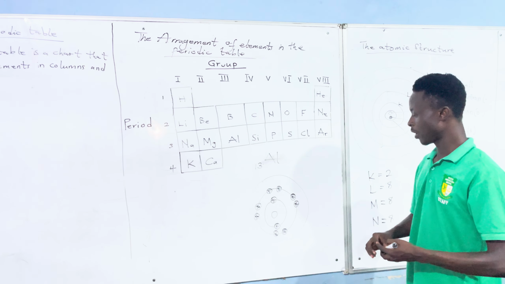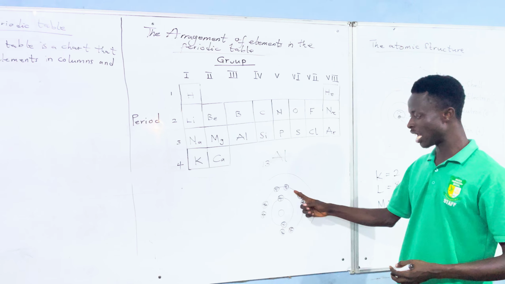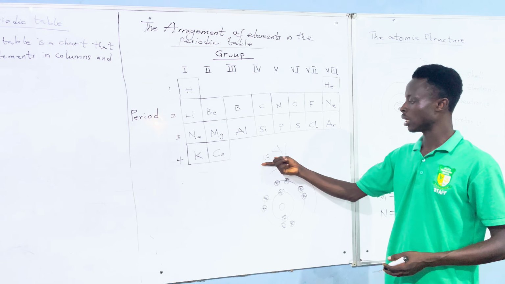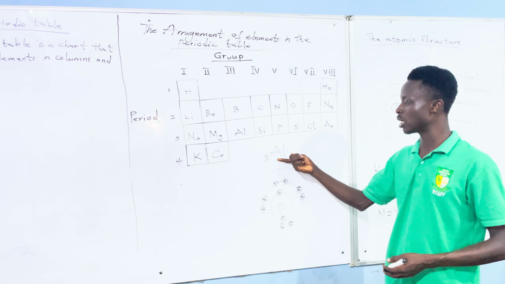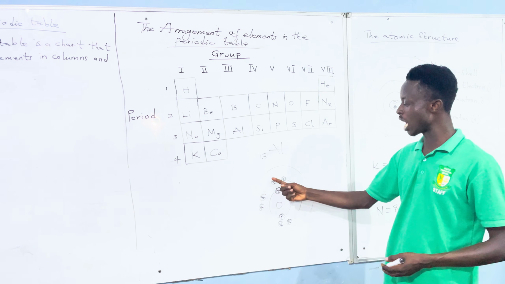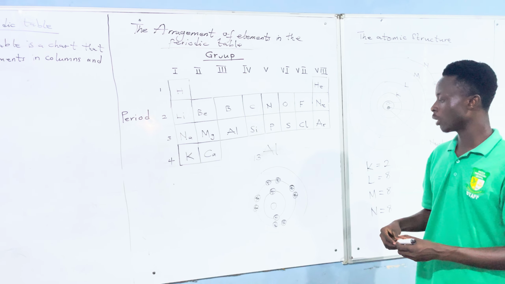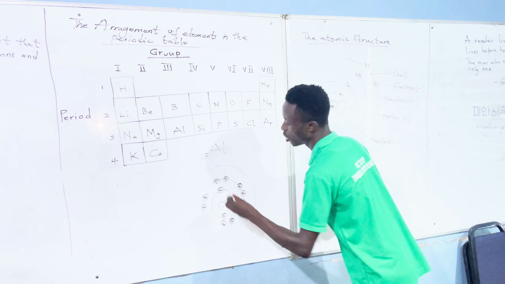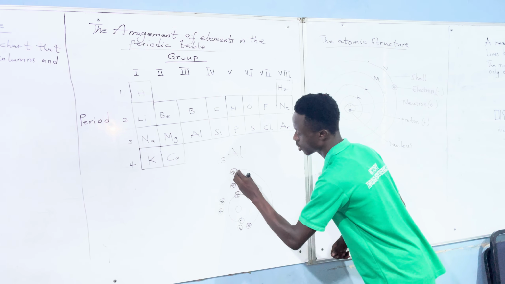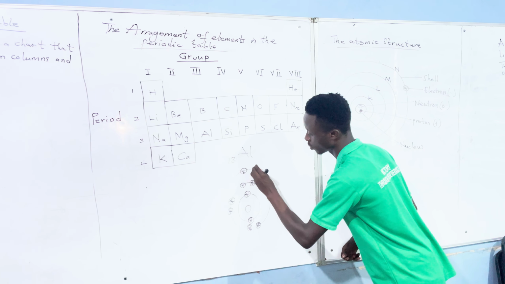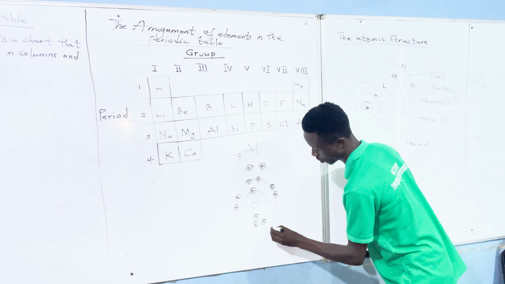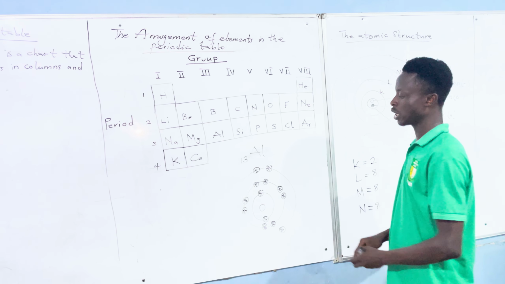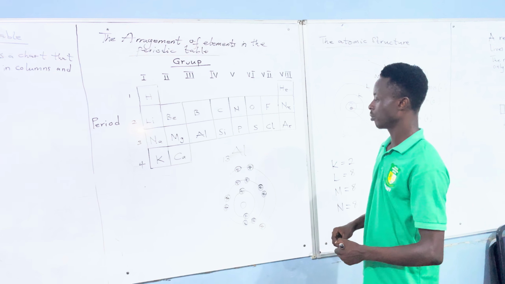So we have how many electrons here? That's 10 electrons. Now we are left with how many electrons? That's 3, because the atomic number of aluminium is what? 13. Since we have 10 here, it will be left with 3. So we put 3 electrons at the M shell. So that is the electronic configuration of aluminium.